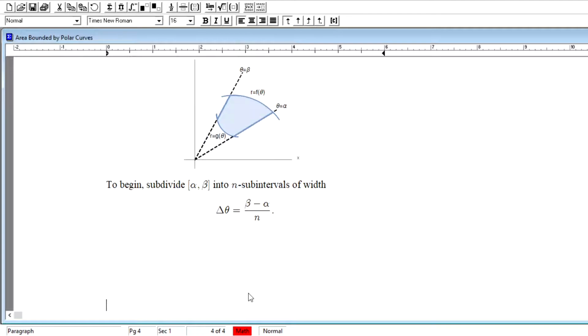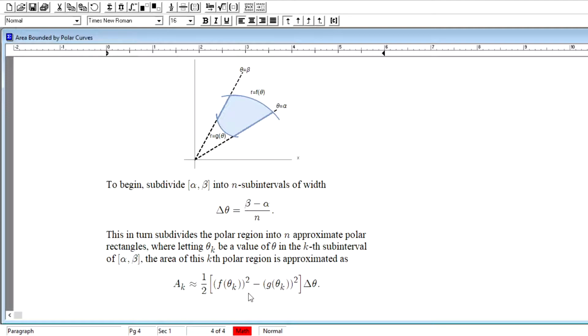And as I noted, this in turn subdivides our polar region. This region gets subdivided into n polar regions, where those n polar regions are approximately polar rectangles in shape.